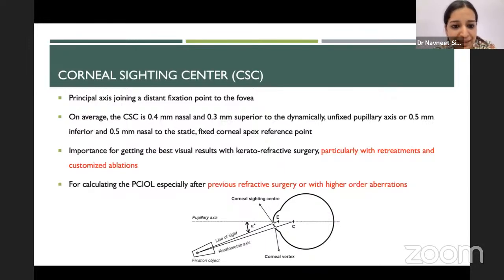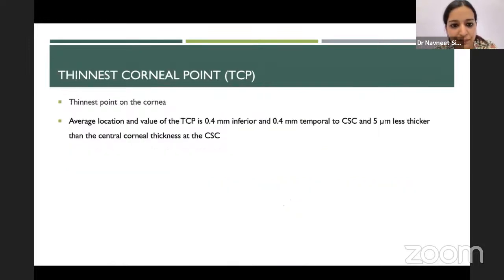Why is the CSC important? Because we need to understand it to achieve the best results with our refractive surgeries, particularly with retreatments and customized ablations, and also for calculating the IOL power, especially in patients who have previously undergone refractive surgery or who have higher order aberrations.